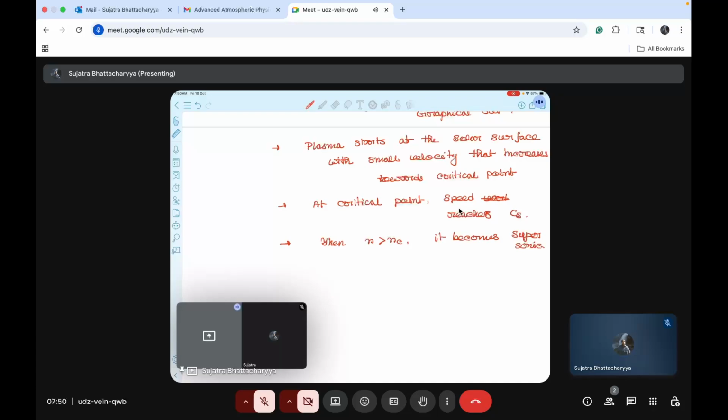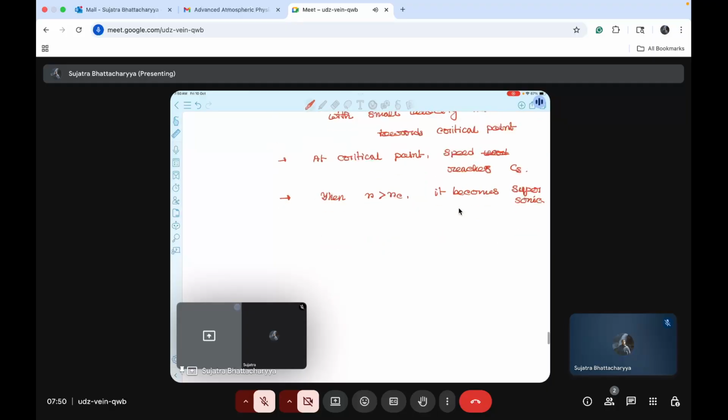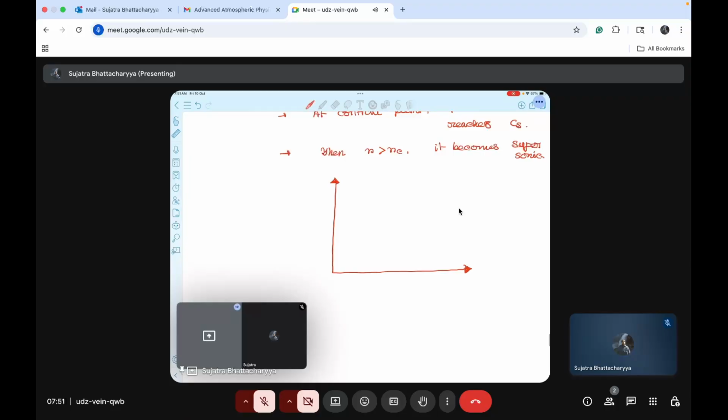So these are the final expressions, and you get a graph which is something like this. This axis is r by rc, and this axis is u by cs, and this is the value 1, where u is equal to cs.